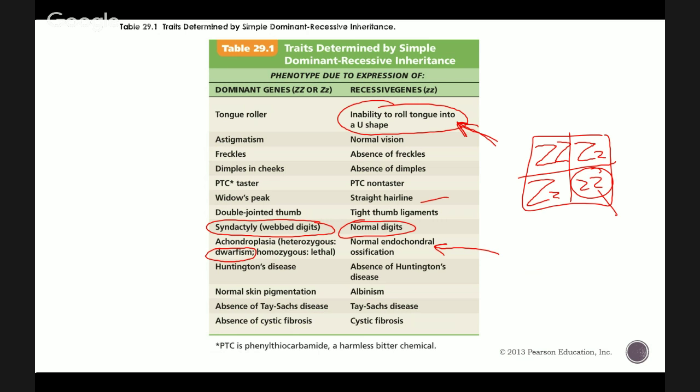So that means that the parents carry the trait for the inability to roll the tongue, but because they carry also the dominant allele, they can roll their tongue. But they have children that can't, because you have 2 heterozygous parents that have children and end up with that. Yeah, so the parents are carriers.